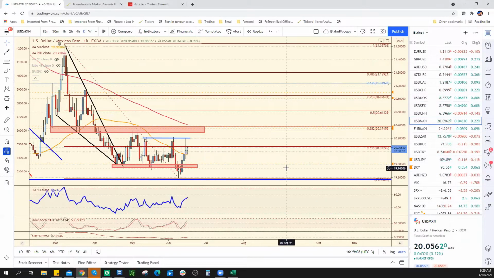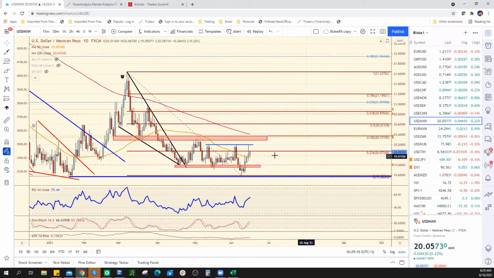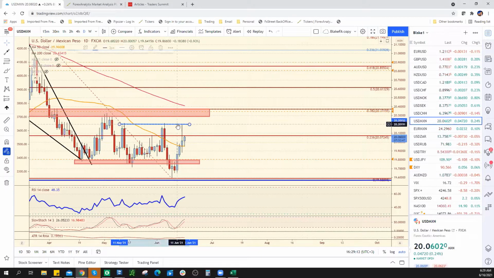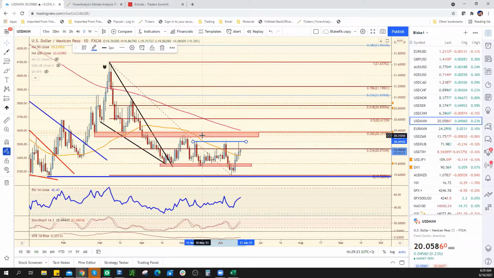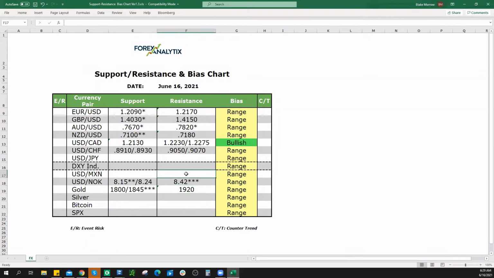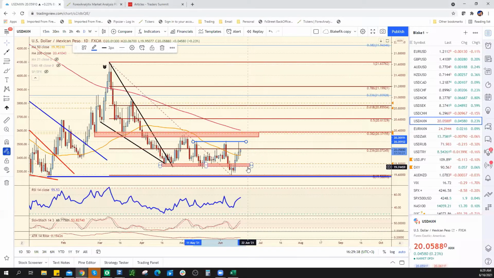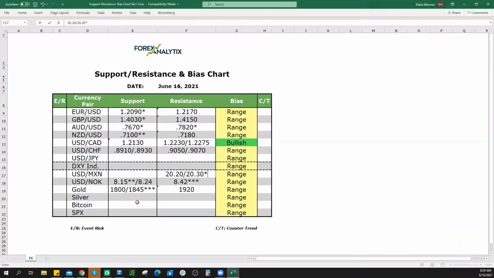Dollar peso. What a big rejection at 1920, I'm sorry, 2020 yesterday. Big resistance. So we have 2020, 2030, which is actually key. Support: I still think support is at 1977, 1978.